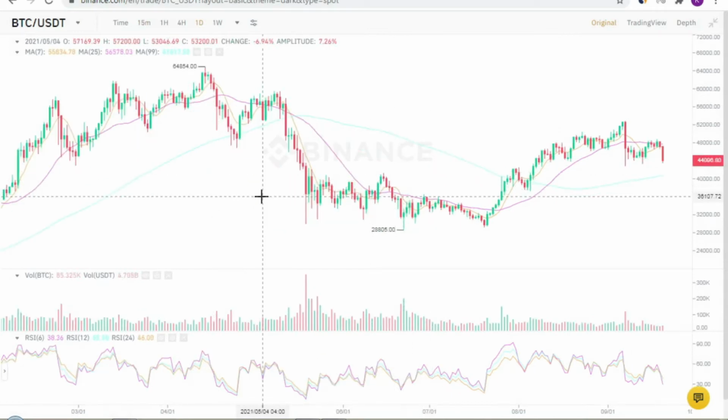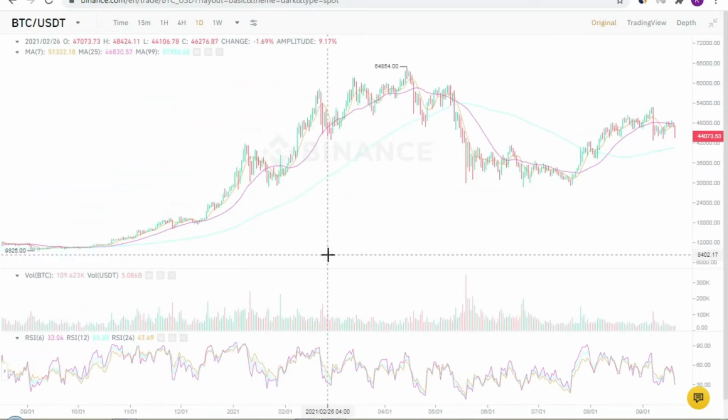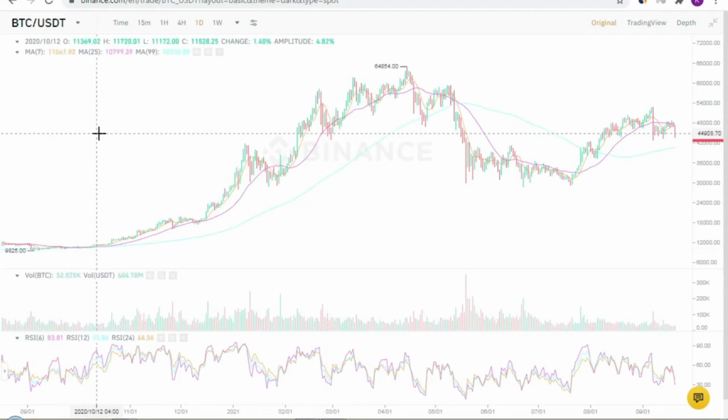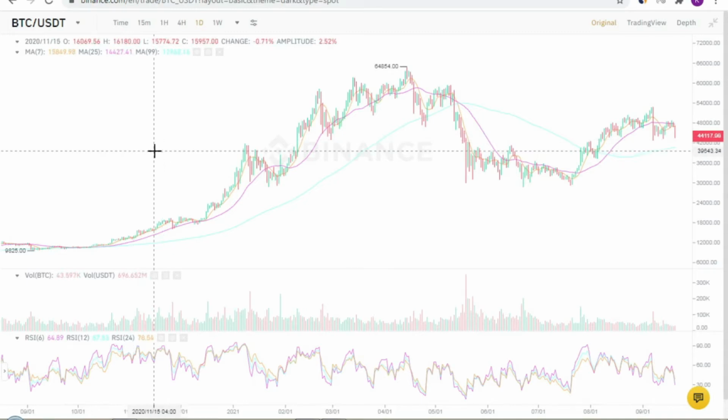Now another thing that you have to understand is that when you even think of investing, as we have already said, your first step is to look at Bitcoin, which means every investment that you make in crypto should start from Bitcoin. Do not venture into a cryptocurrency because everyone is talking about it without looking at Bitcoin.